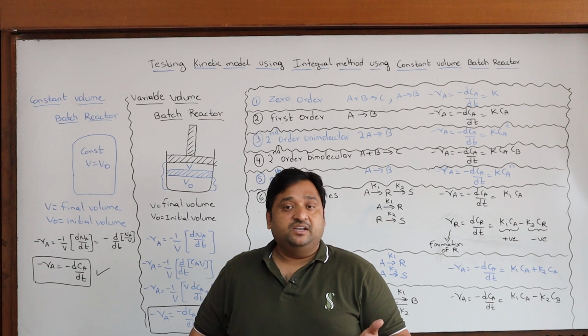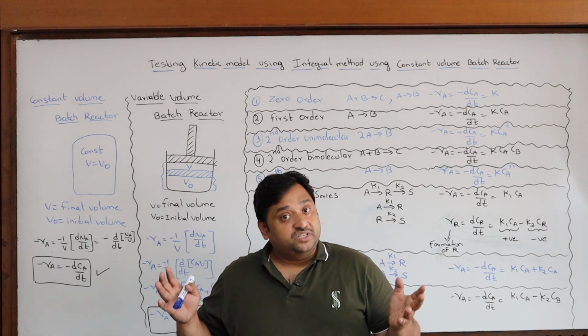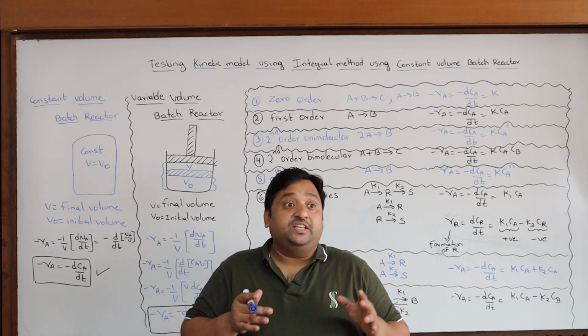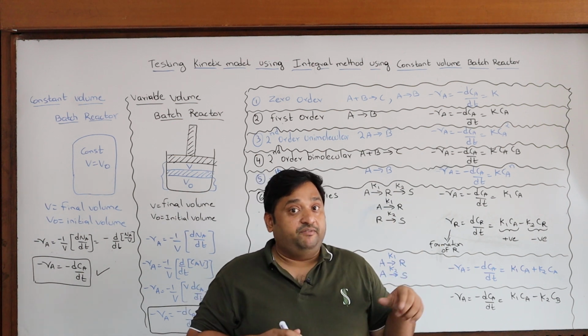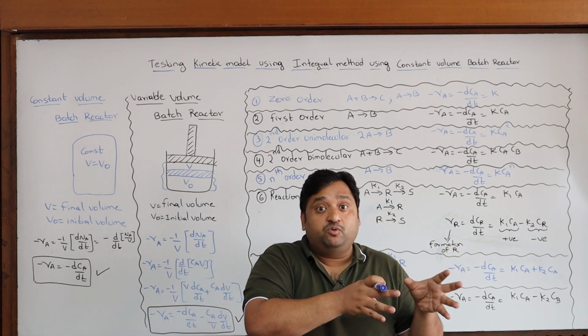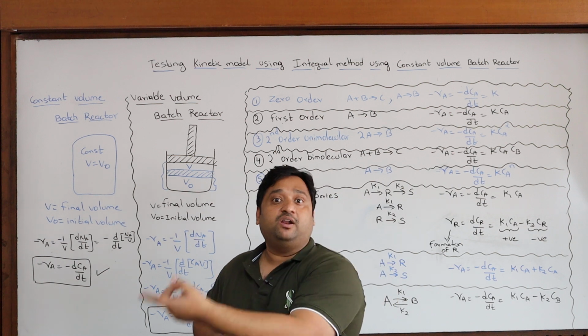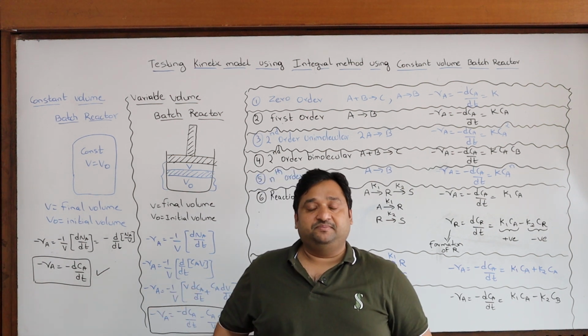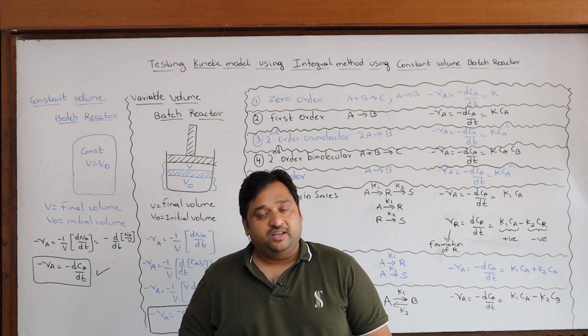Like that, many situations will come. Depending upon the situation, whichever the speed may be, zero order, first order or second order, we have to use that speed in the reactor while designing the reactor. Okay, that is what it is.